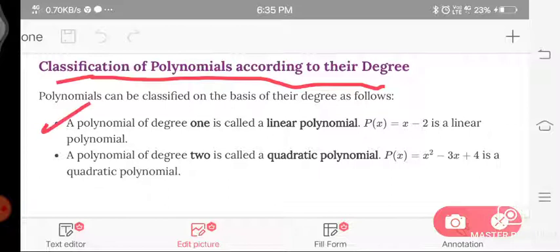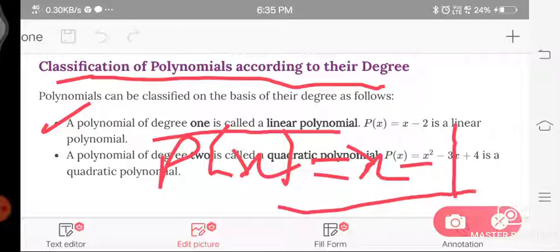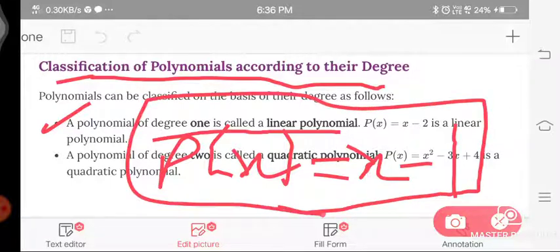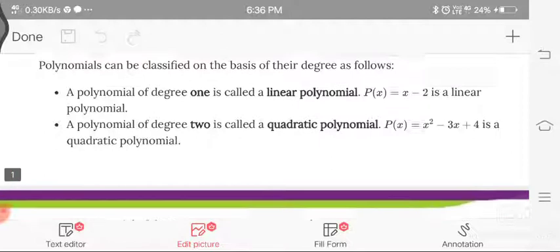Firstly, a polynomial of degree 1 is called a linear polynomial, like p(x) = x - 1. The degree of this polynomial is 1 because the highest degree of the variable is 1. So this is a linear polynomial.